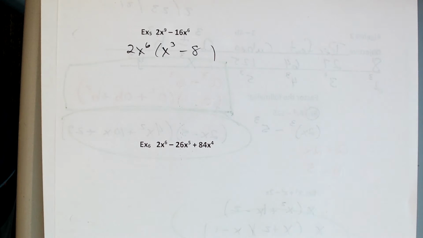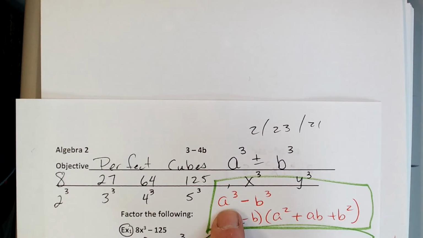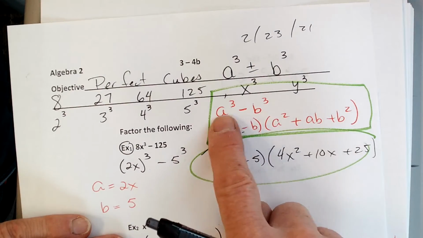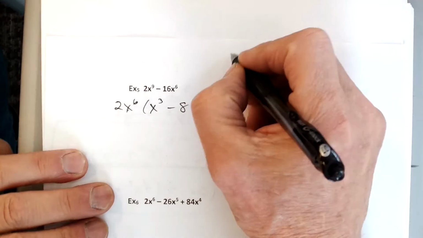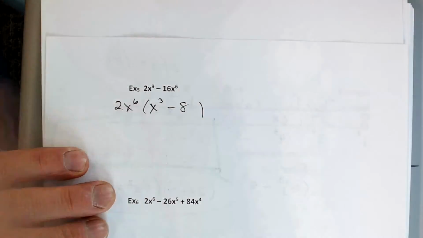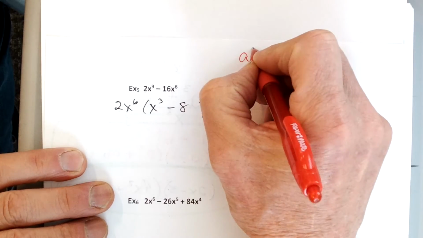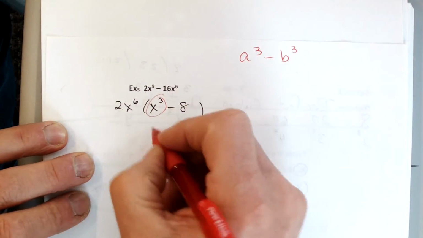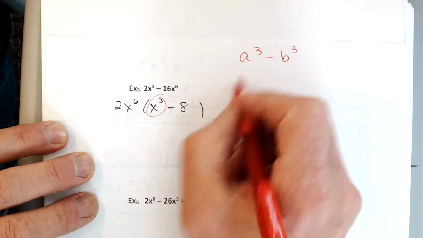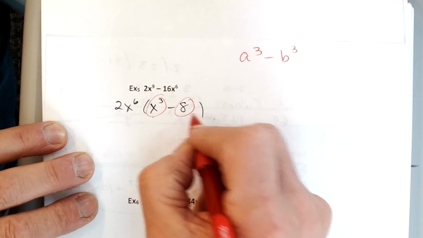Wait a minute. I think it's that one right there. Same formula, right? Let me write it so you guys can see it. So I'm going to rewrite up here so we have it. If I have an a cubed minus b cubed, then this is like an x cubed minus 2 cubed, right?